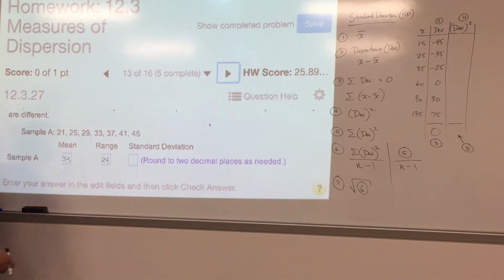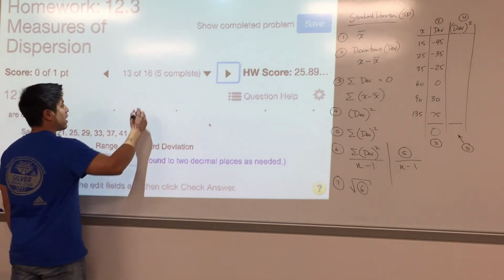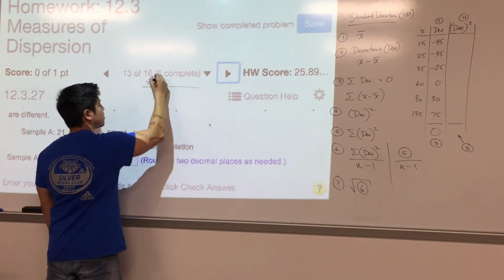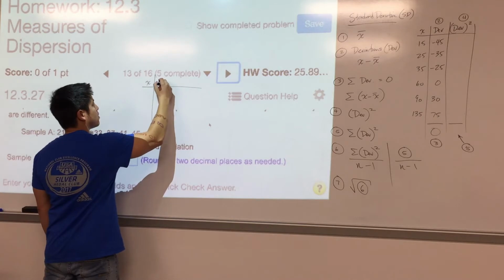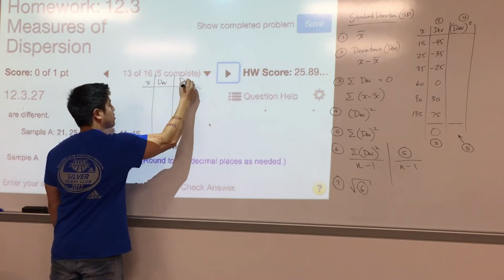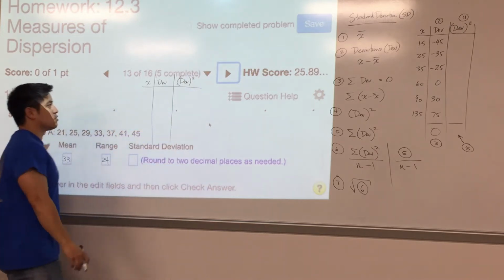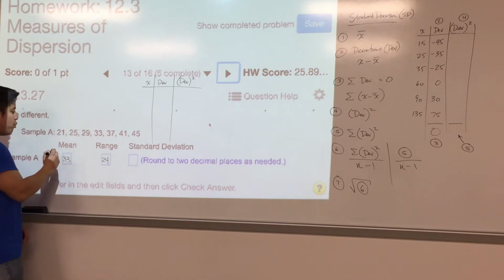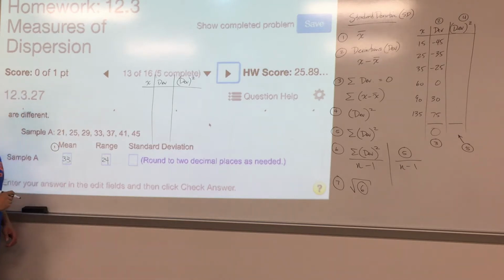All right, now let's calculate standard deviation, shall we? For the standard deviation calculation, you're going to have to set up your table: X, your values, your deviations, squared. Those are the things that have to happen. Step 1, calculate your mean. We already did that, right?